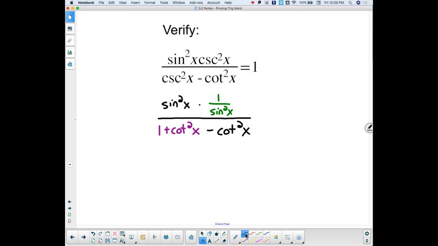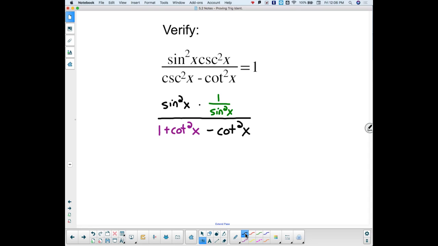So yes, cosecant squared is 1 over sine squared, but cosecant squared is also, according to formula number 10 on your unit circle sheets, 1 plus cotangent squared. So sometimes you use it like it's green, sometimes you use it like it's purple. It just depends on which situation you're in. Okay?